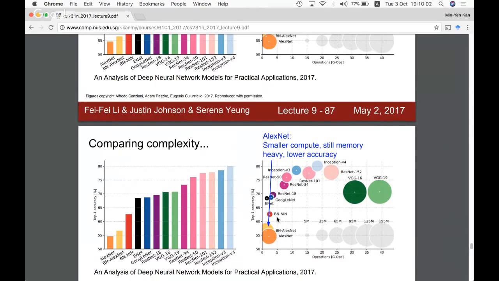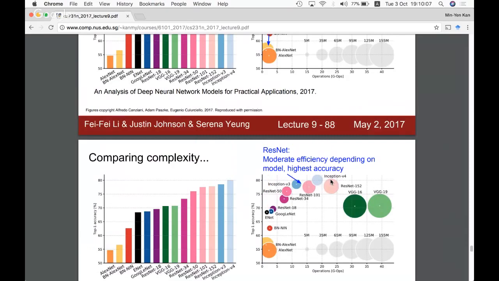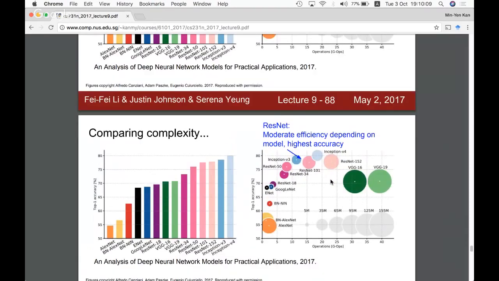So you can use this to quickly compare the different networks. For the ResNet, it has moderate efficiency depending on the model, and it gives you very high accuracy. In terms of operations, it's moderate in efficiency.